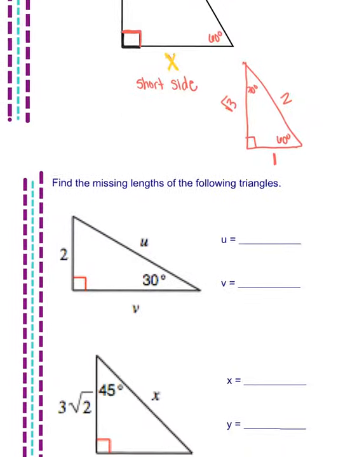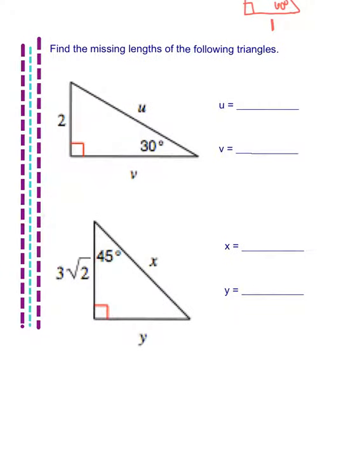So what we want to do now is find the missing lengths of the following triangles. In the first one, I've got a 30, 60, 90 triangle, and it looks like my short side is 2 because it's across from the 30 degrees. So that means across from the 60-degree angle is the long side.